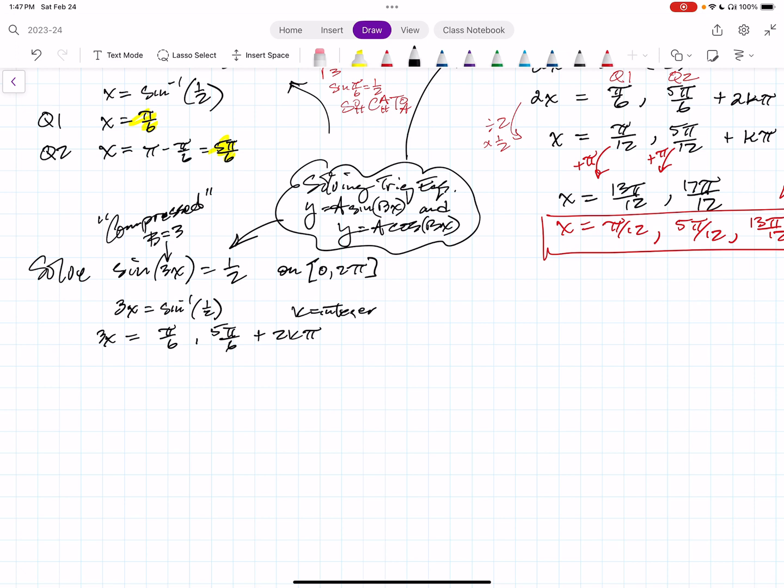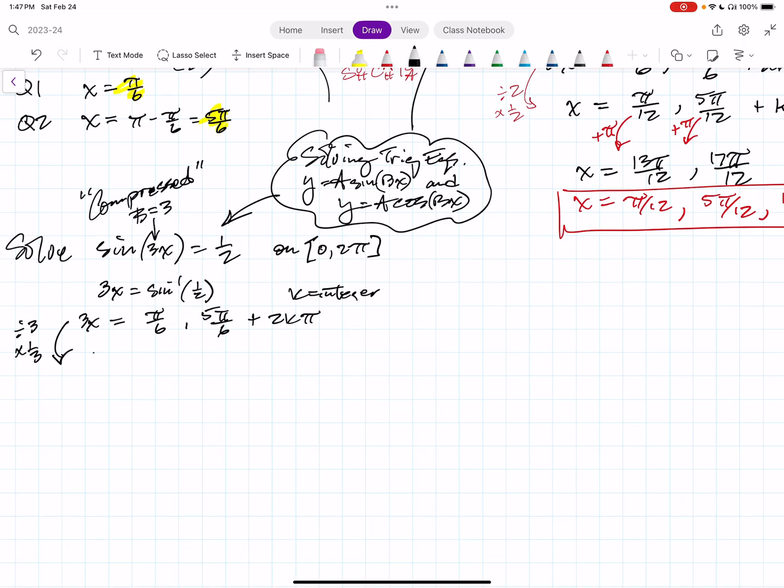And then you could divide everything by 3, or I can just multiply by a third. And it might be easier to multiply by a third here because you're dealing with fractions, right? A third times the 6 is an 18th. Okay, so now here our solution actually is pi/18 and 5 pi/18.